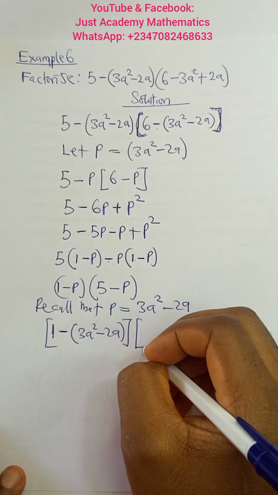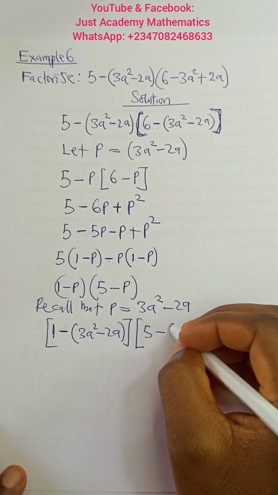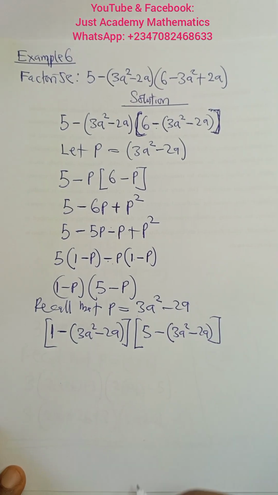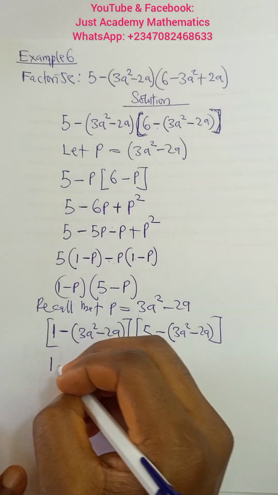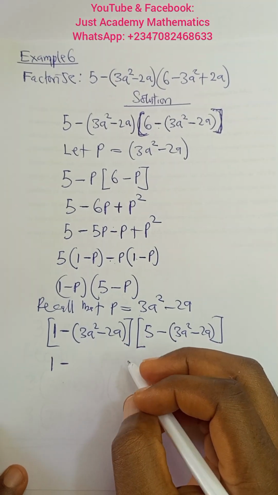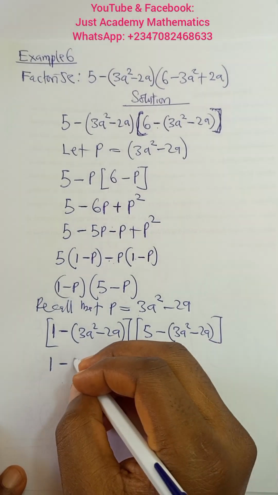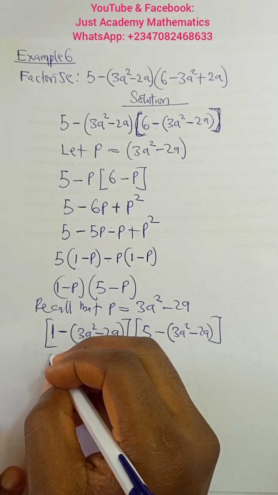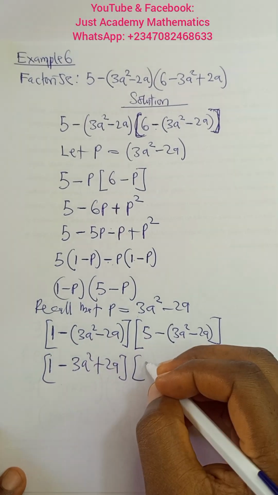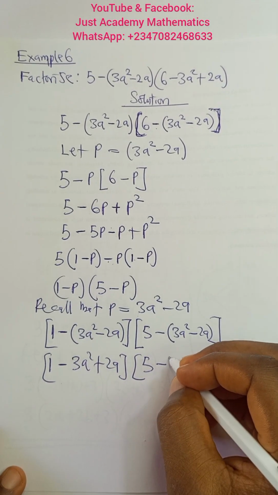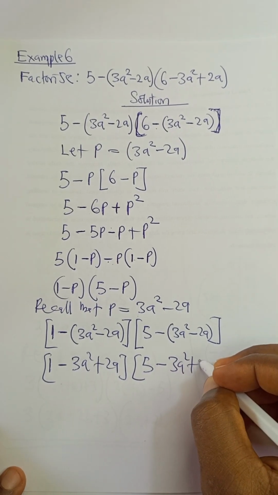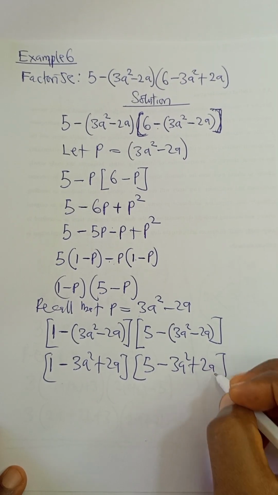Then we have 5 minus bracket 3a squared minus 2a. So let's expand. So we have 1 minus 3a squared plus 2a. Then here we have 5 minus 3a squared plus 2a if you open the brackets.